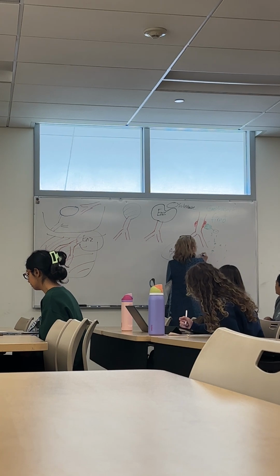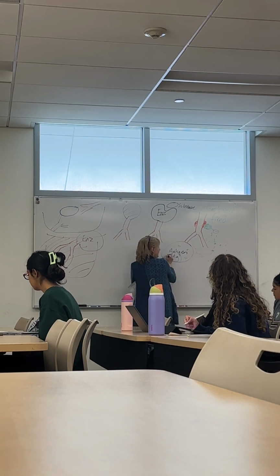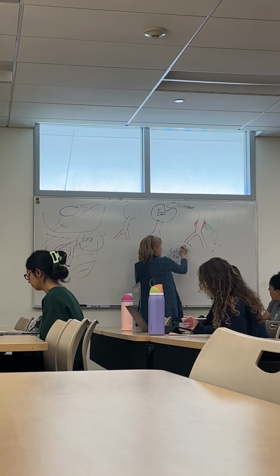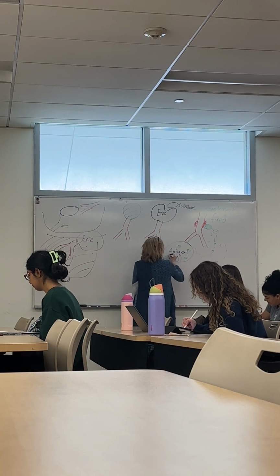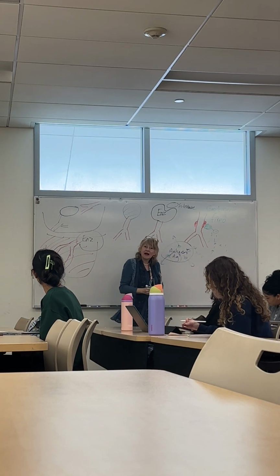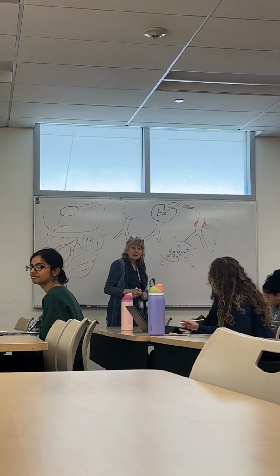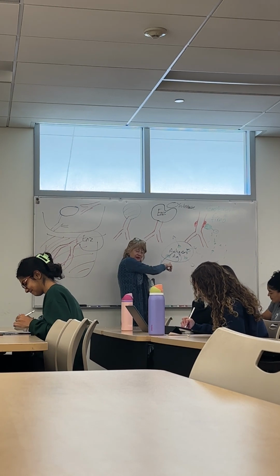By the time it's finished, you get these, remember? What's that called? It's called a MAC attack. Have you forgotten? What happens to that pathogen, or to that human cell that we've triggered?